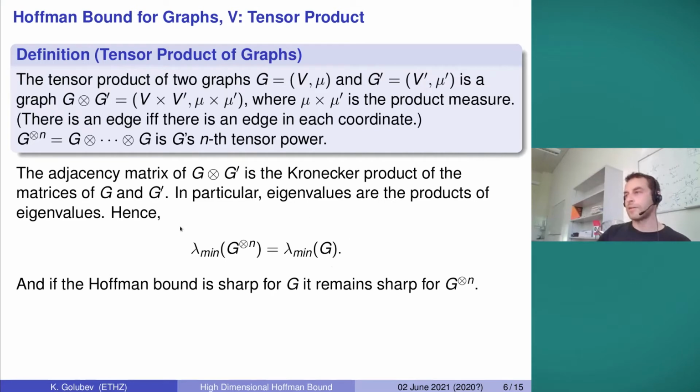So that's the thing you have. In particular, the Hoffman bound remains sharp. Why? Because for your independent set, you can take an independent set in one coordinate, and the whole vertex set in all other coordinates. So the measure of the maximal independent set remains the same.